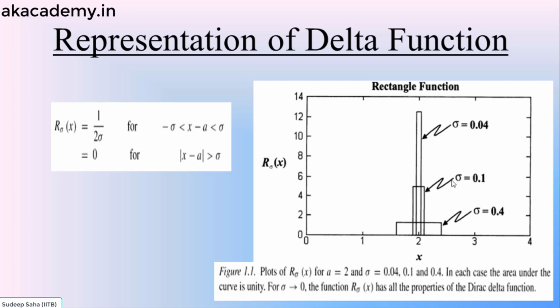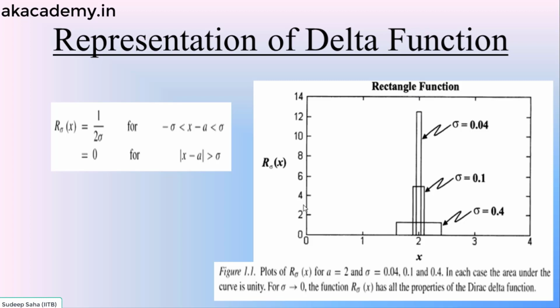Now if we squeeze sigma, if we decrease the value of sigma, the height of this curve increases, and if we again squeeze sigma, the height rises again. So we can infer that as sigma tends to 0, the value of this function will be infinite, and it is evident from here: if sigma tends to 0, then it is essentially infinity.